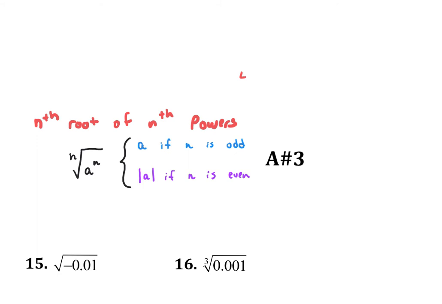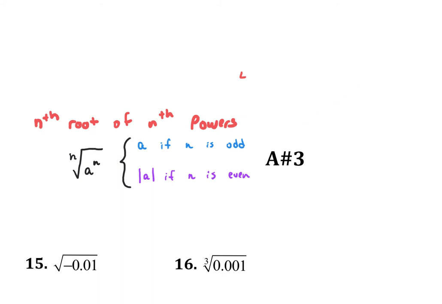That's it. It's just that value of a, whatever it is. If a happened to be negative, like negative 4, the cube root still drops out, and I'm left with negative 4. Whatever value of a it is, that's what comes out, under the condition that n is an odd number. But when n is even, we have to force the positive to come out.